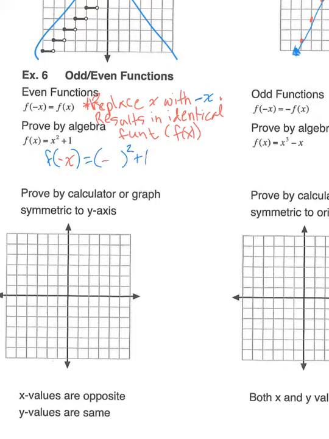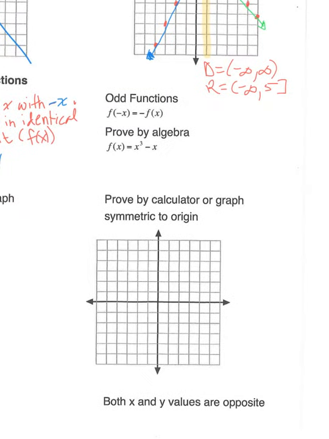Notice that negative x squared is x squared, plus 1. Isn't this function identical to the function we started with? Nothing changed. Therefore, this is an even function.